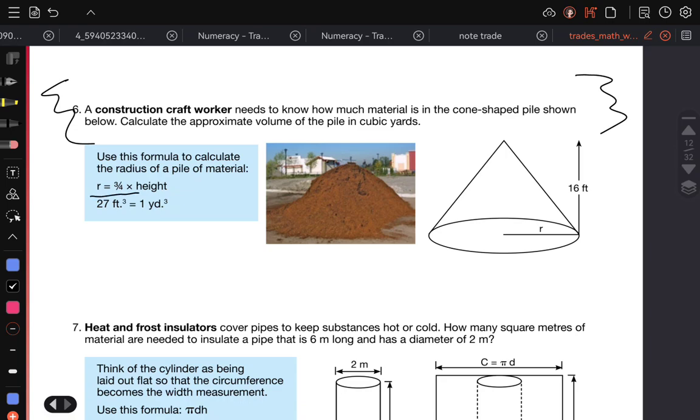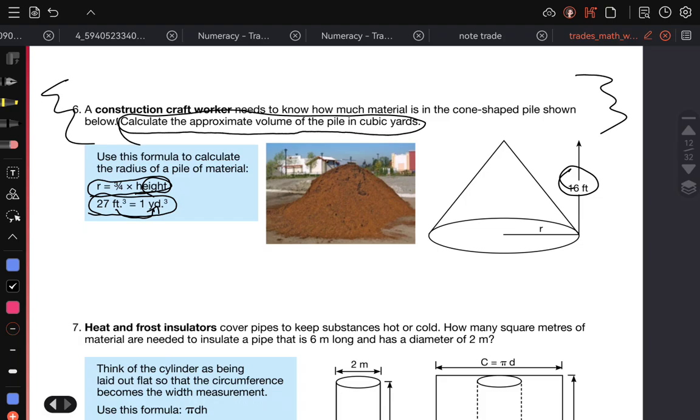The radius is given here, the formula is here. I don't want to write it again. We do have the height. Yes sir, we do have how to convert from feet to yard. Okay, what is needed? Calculate the approximate volume of the pile.